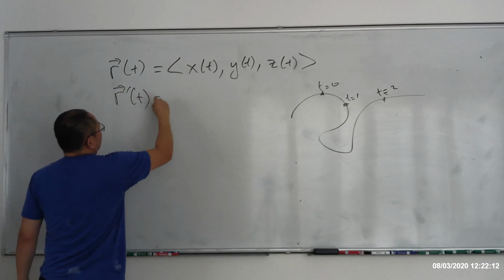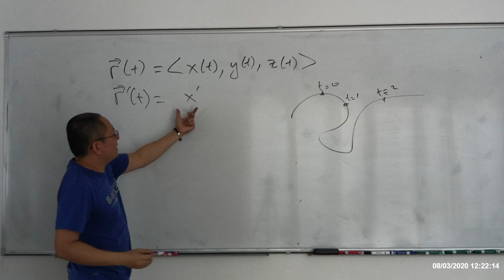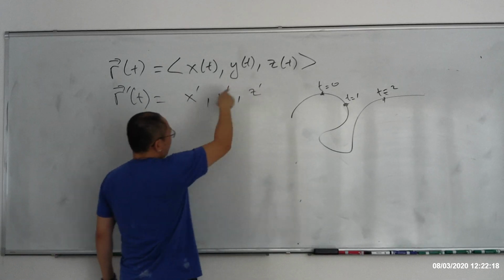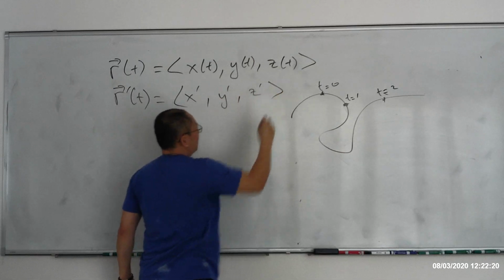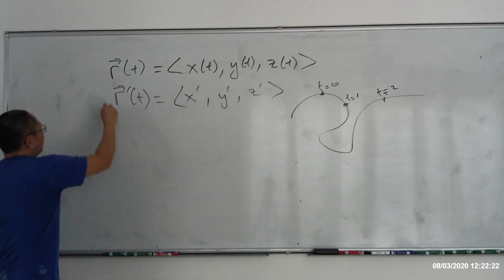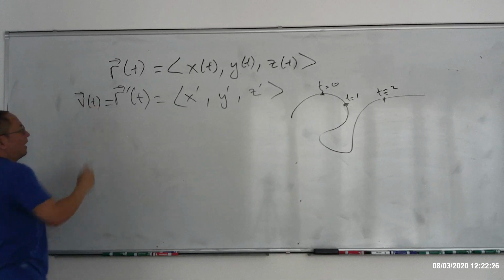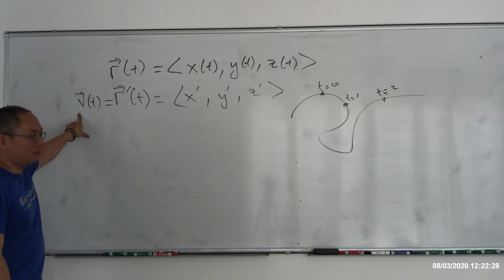And you have something called the derivative, right? r prime, which is x prime, y prime, and z prime. I'm getting lazy, so let me just write x prime of t, y prime of t, and z prime of t. All right. And in physics, this is called vector v, and v stands for the velocity.